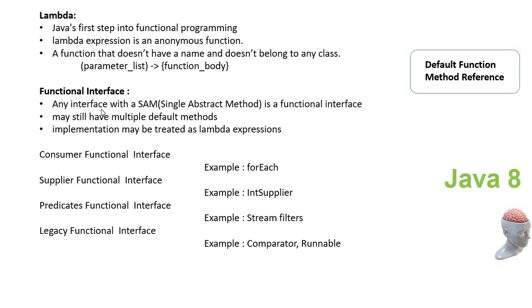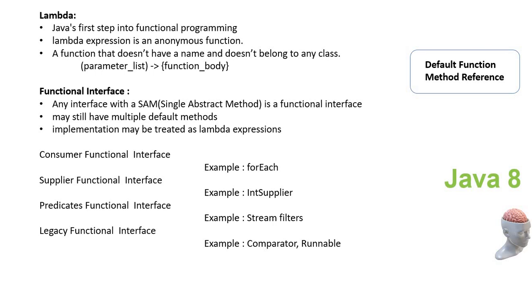Then, what is a functional interface? A functional interface is an interface with only one abstract method. It can have a number of default methods, and I will come back to default methods. Once you have your functional interface, you can implement it using a lambda expression. We can see that with an example.